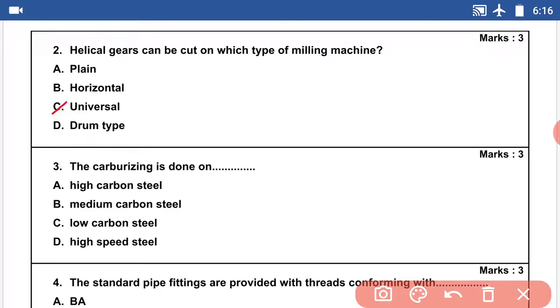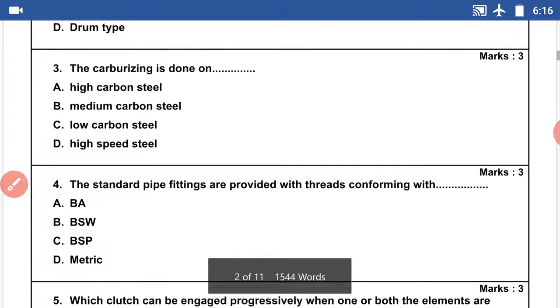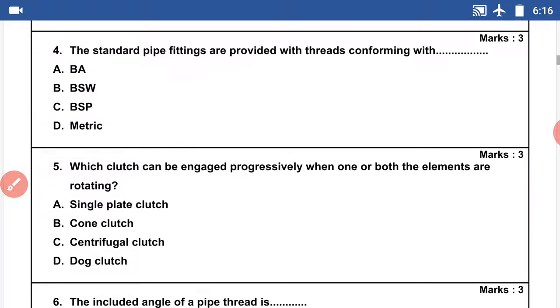Question number 3. The carburization is done on dash. The answer is low carbon steel, option C. Question number 4. The standard pipe fittings are provided with thread conforming with dash.